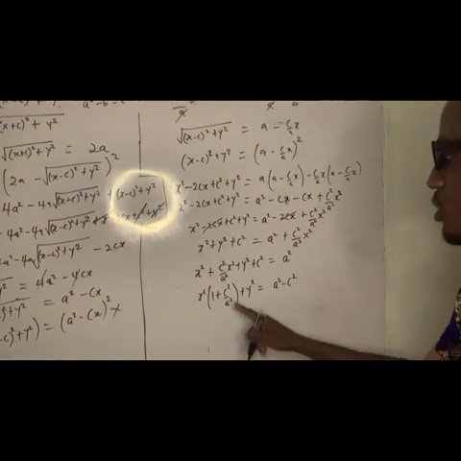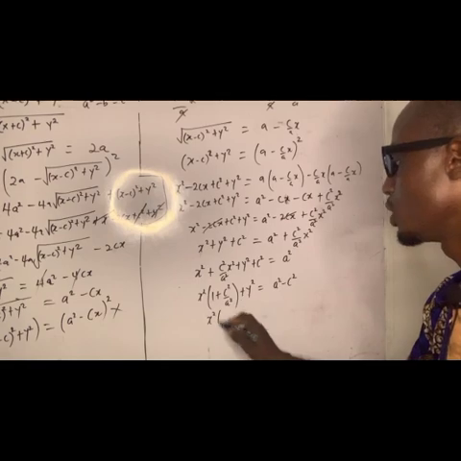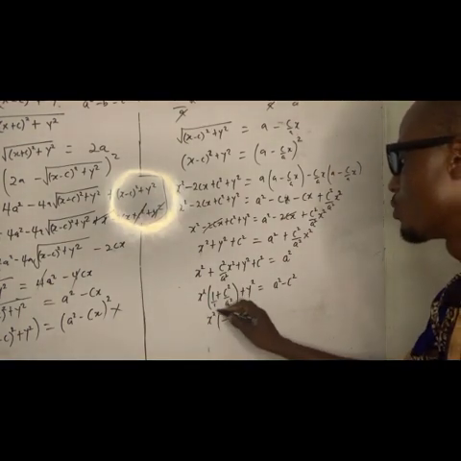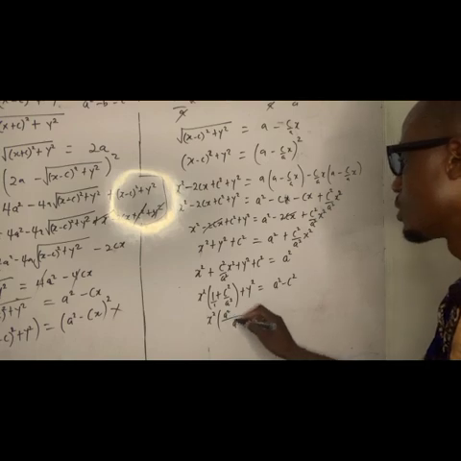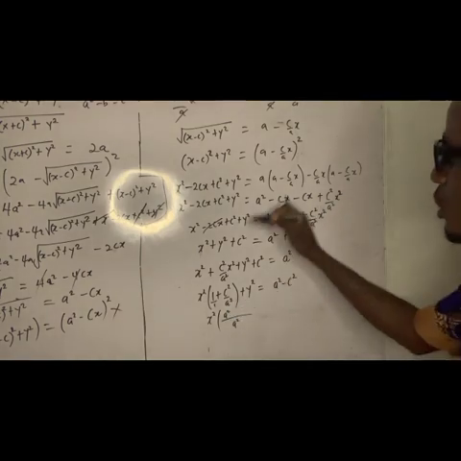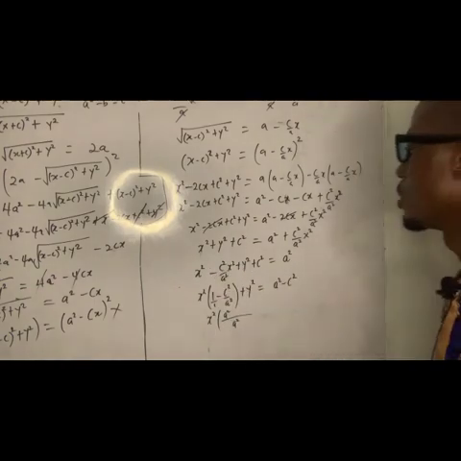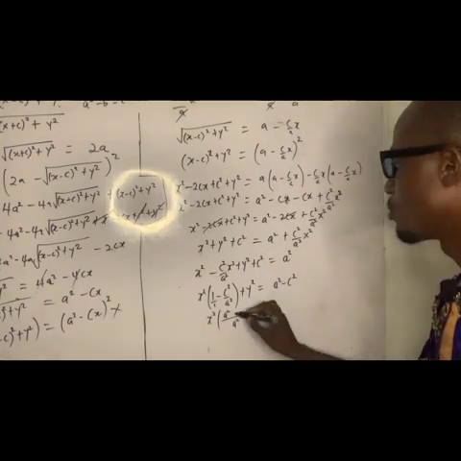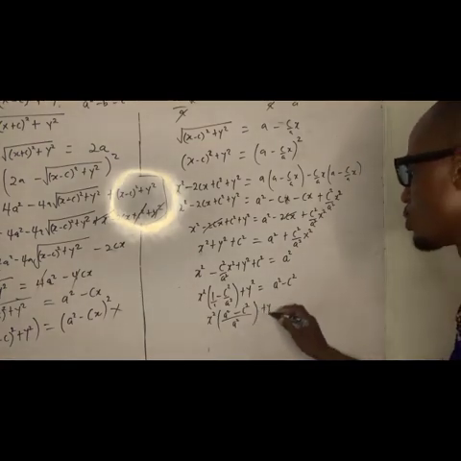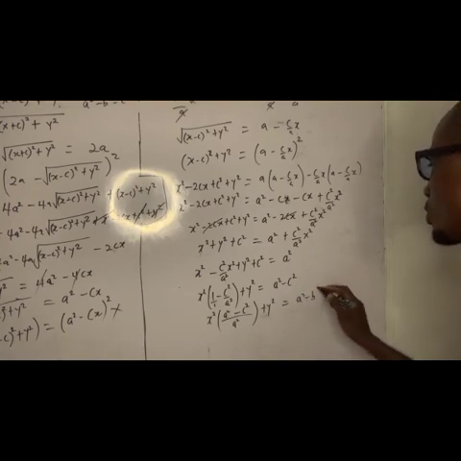So having this, we can actually add this to have x squared into, LCM is a squared, so this over 1, so you have (a squared minus c squared) over a squared, plus y squared equals a squared minus c squared.